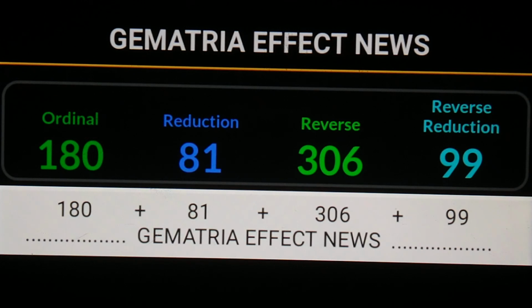There's an R and an I. There's only one instance of an R and one instance of an I. In another example, it could be two R's, or in another example, it could be two I's. But here we have Gematria Effect News with an R and an I. That makes the values add up to 666.